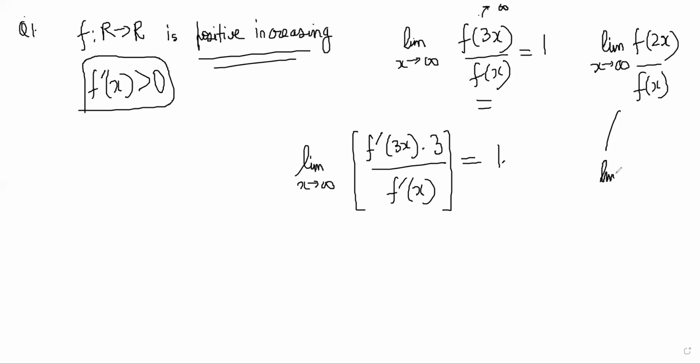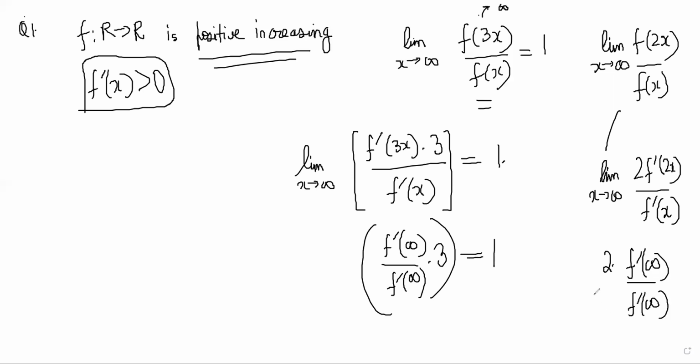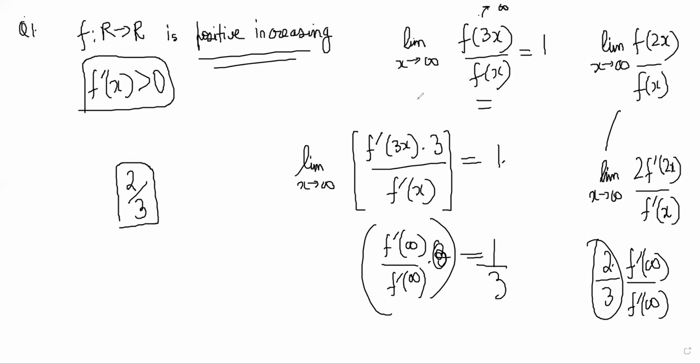Here you are asking for limit x tends to infinity 2 f dash 2x by f dash x, right? So you know here that f dash infinity by f dash infinity into 3 tends to 1. So here what is being asked? 2 into f dash infinity by f dash infinity. So this tends to 1 by 3, so this tends to 2 by 3. Right, got it. By the L'Hopital logic only, there's nothing here.